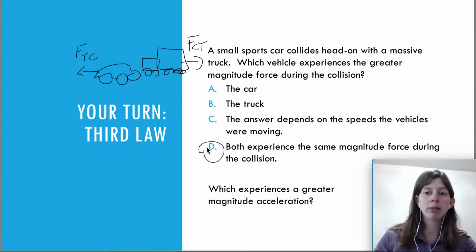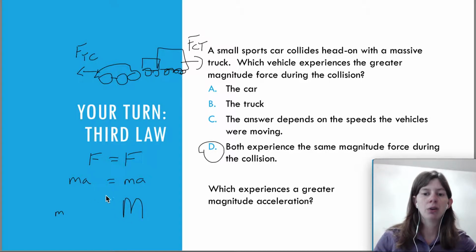Now, what is different, however, is that one of them experiences more acceleration. The car experiences more acceleration. So the forces are the same, but force is equal to ma from Newton's second law. So one way you can think of it is, well, the car has a small mass, the truck has a big mass. So in order for these two to be equal, the acceleration here has to be big, the acceleration here has to be small for the truck.